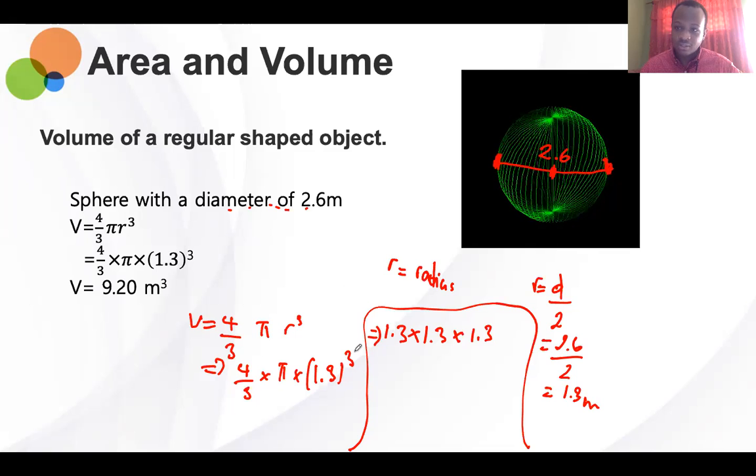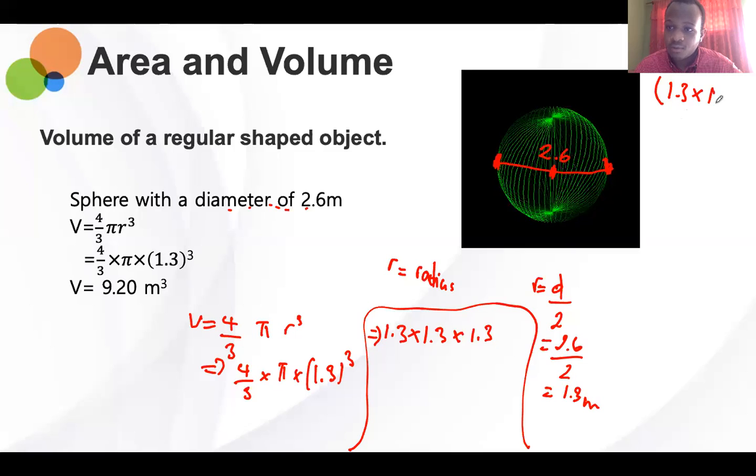So if this was 1.3 squared, what would we have? 1.3 times what? 1.3.